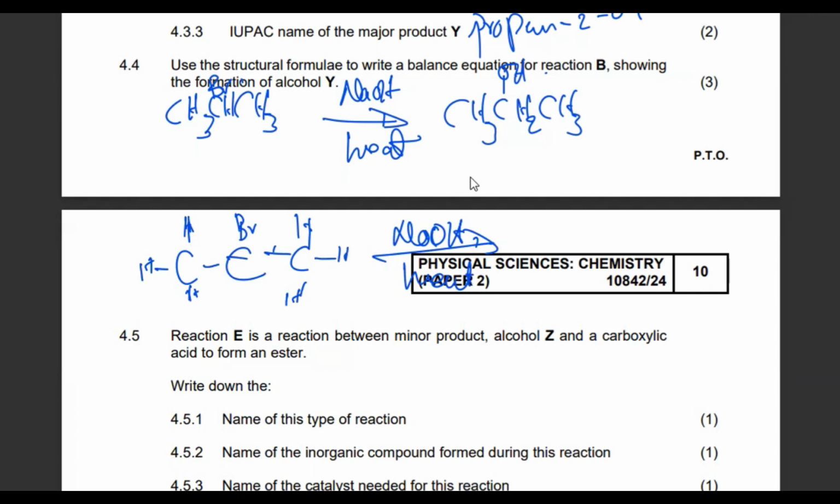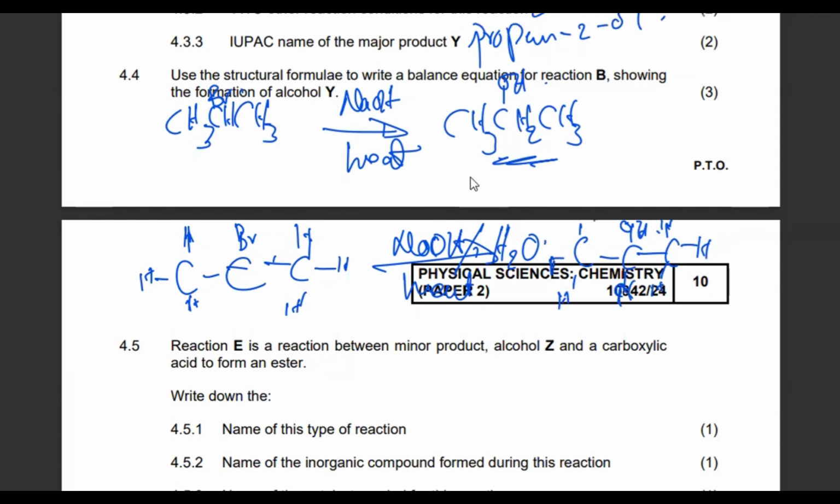Remember, this should be dilute, so we can say in presence of H2O, and then you write this again: CH3, CH3, hydrogen, hydrogen, and you put OH here, with hydrogens.